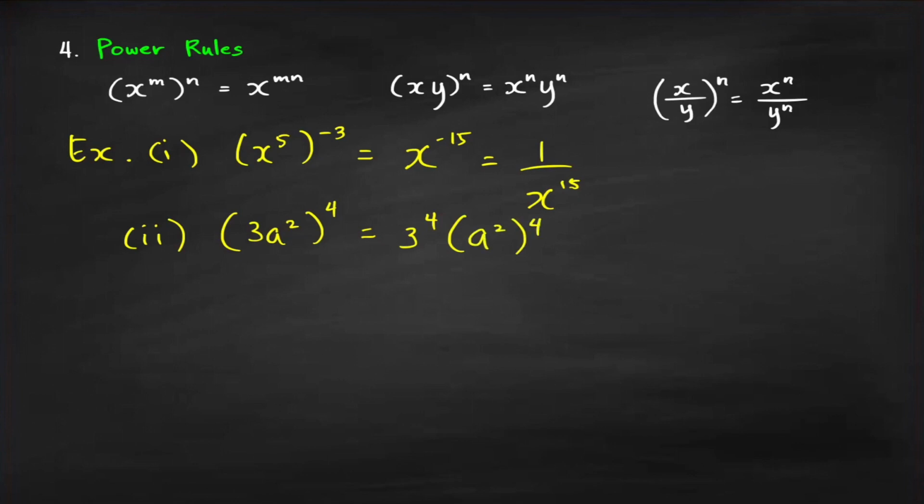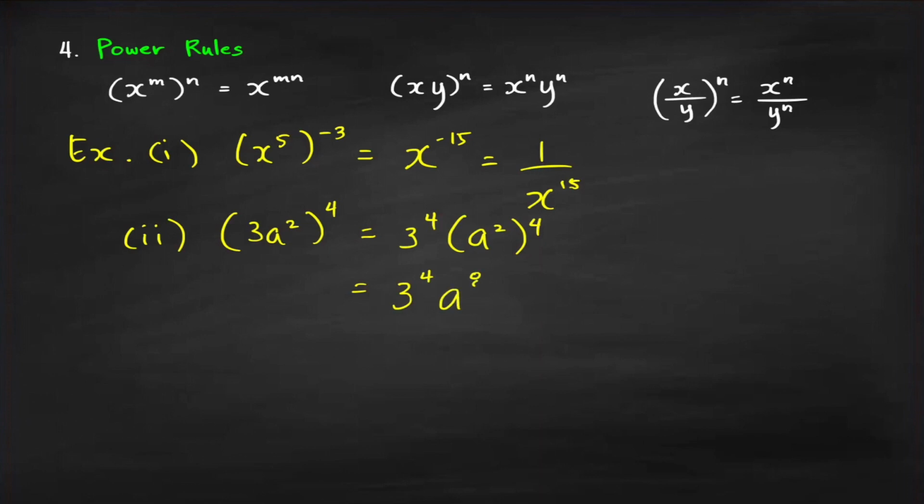And to simplify this fourth power of a squared, we have to use the first power rule. So this is equal to 3 raised to 4 times, again, a is raised to two exponents, 2 and 4. So we have to multiply those powers.